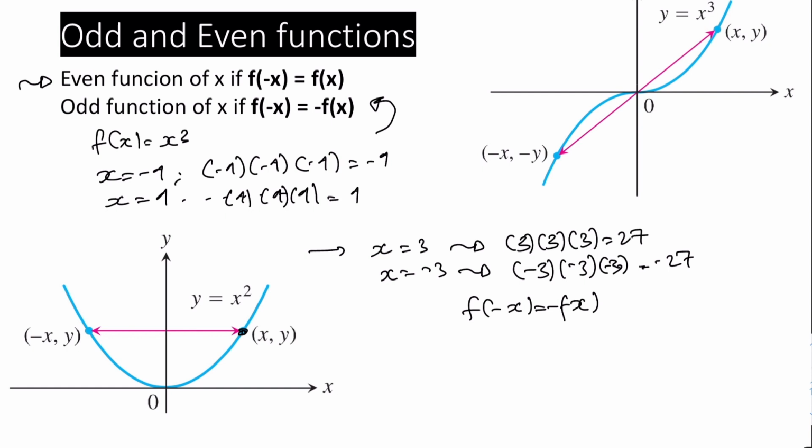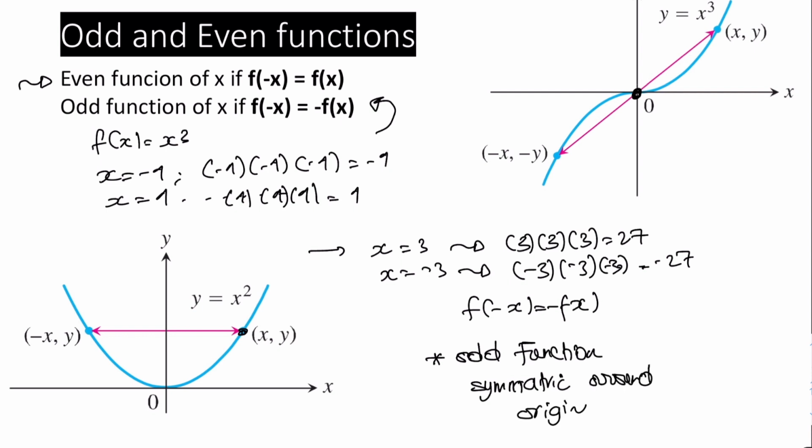Odd functions, as you can see here, are symmetric around the origin, as you can see from the graph.